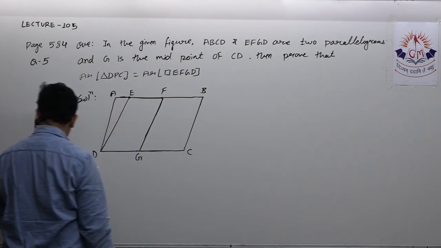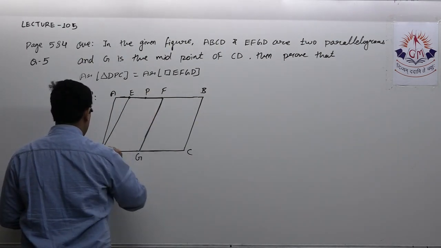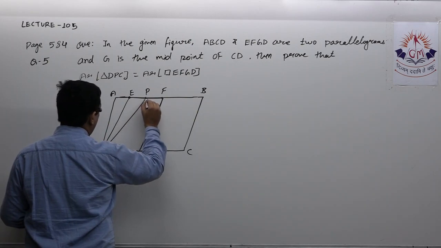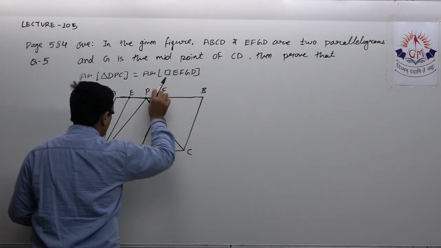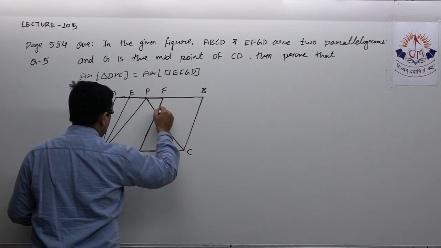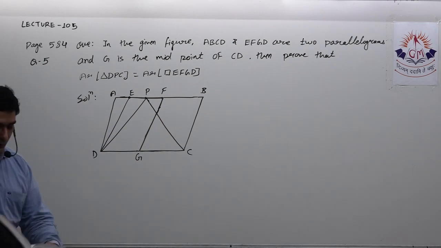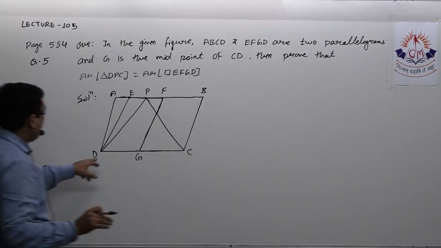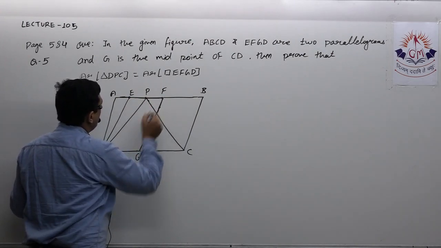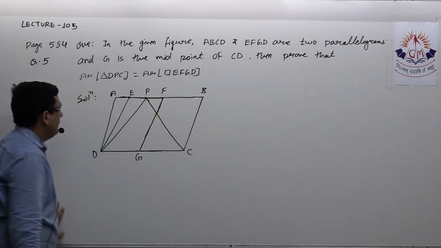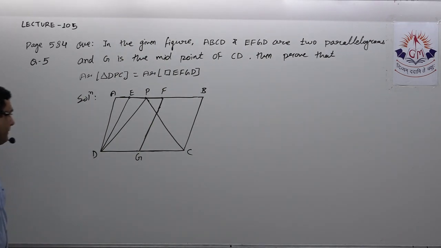EFGD, and there is a point P which makes triangle DPC. So now here you have to prove area of triangle DPC is area of this parallelogram EFGD. Okay, so think for a while, then I will give its solution.